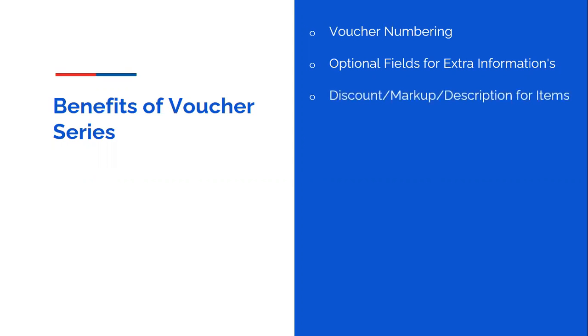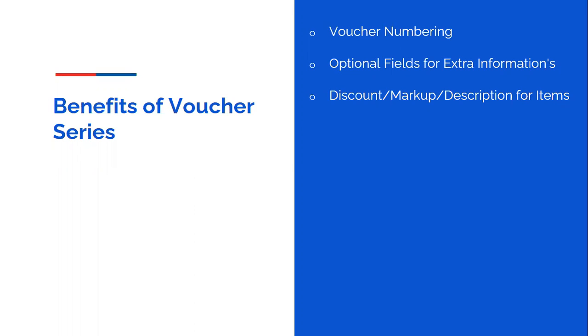The next point is discount, markup, and description of item. If you want to maintain discount on item, markup on item, and item description, then you can enable these options in voucher series configuration. After enabling the options, you can enter the details at the time of transaction.